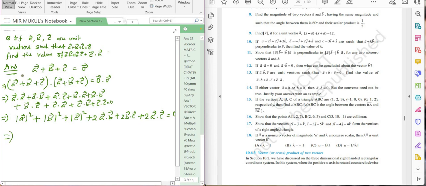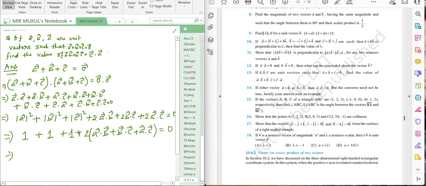Since A, B, C are unit vectors, the magnitude of A will be 1. So 1 square is 1. Here also 1. Here also 1. Plus, take 2 common: A dot B plus B dot C plus A dot C will be 0.